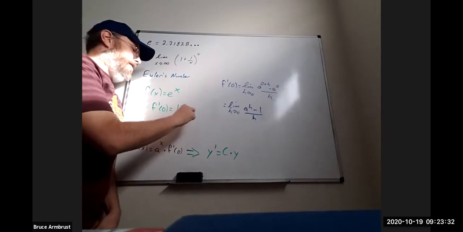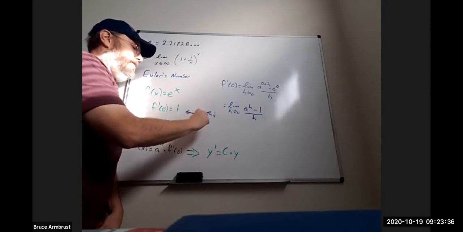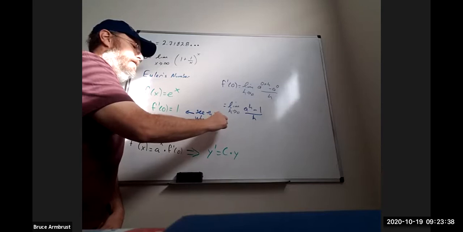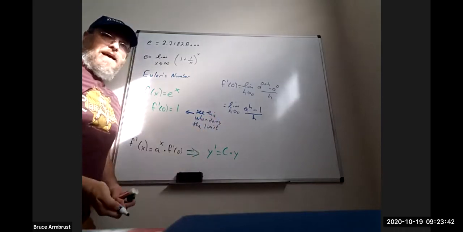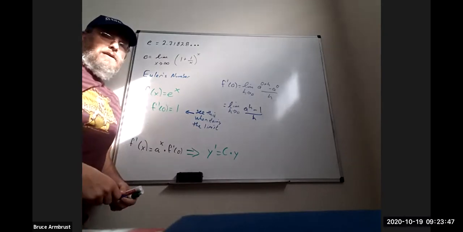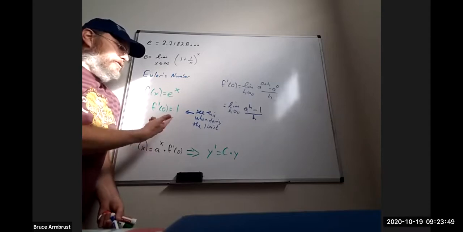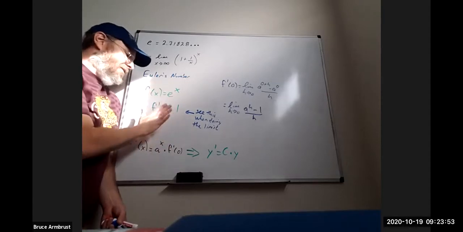Okay, and like I'm saying, you can see this when evaluating the limit. If you look at that limit numerically, plugging in values, you'll see that this gets closer and closer and closer to 1. All right, but I'm just going to tell you flat out, this does equal 1.